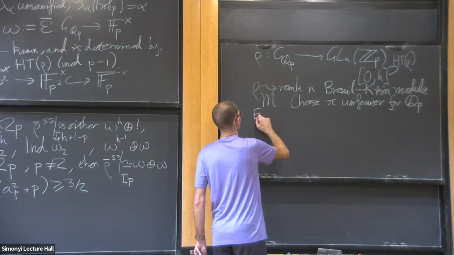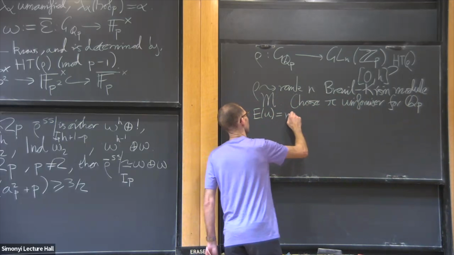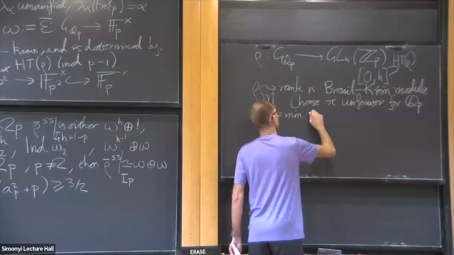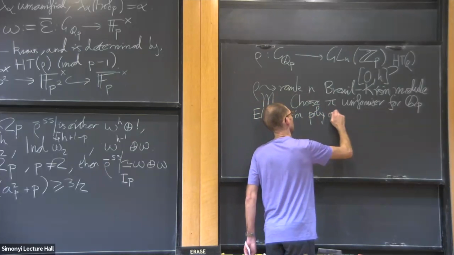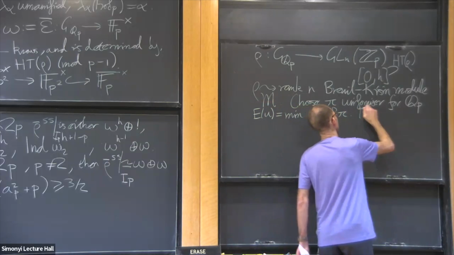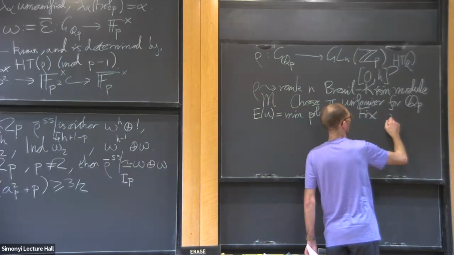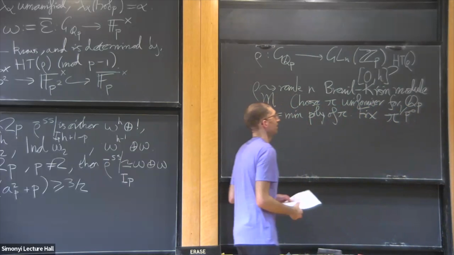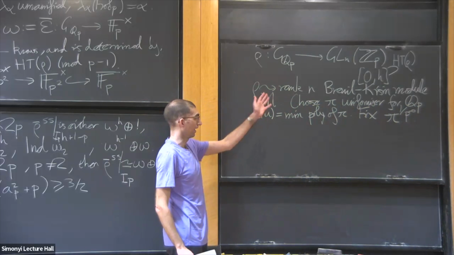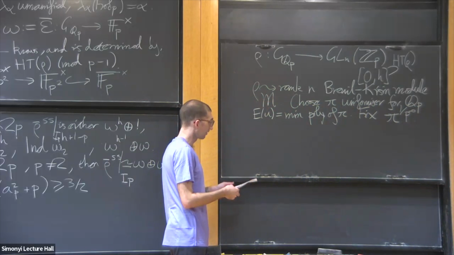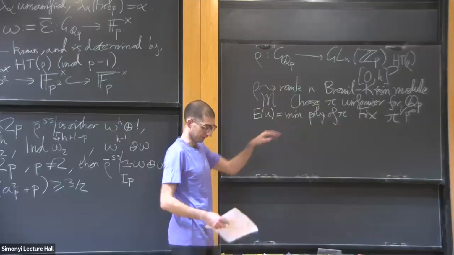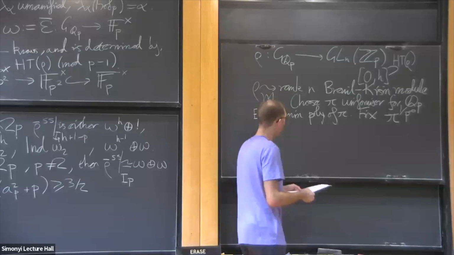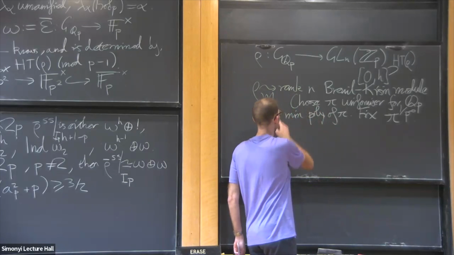Let's have E(u) for the minimal polynomial of pi, and also fix a compatible system of p-power roots of pi in Q_p-bar. So this assignment depends on those choices. But then this data, this M, is something pretty simple.